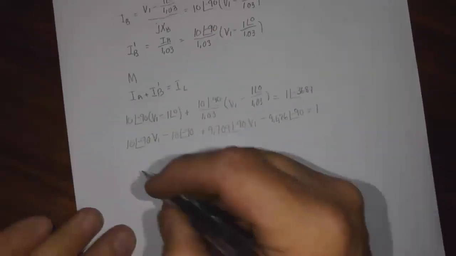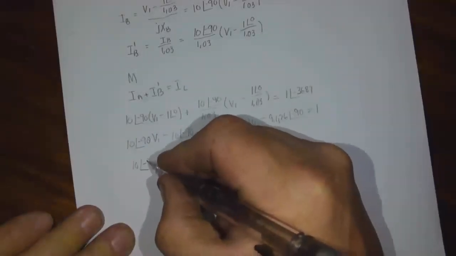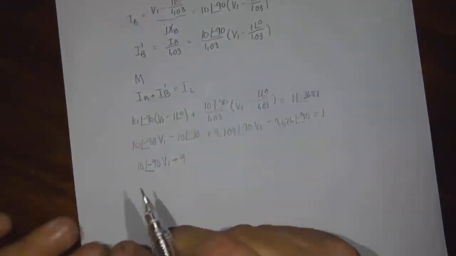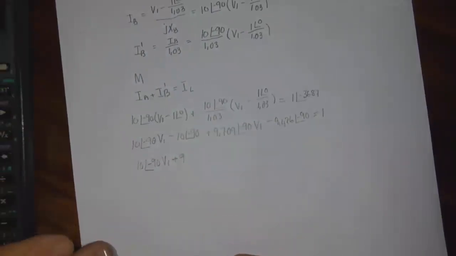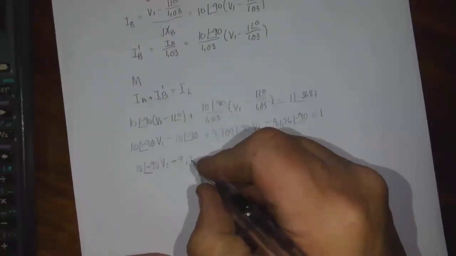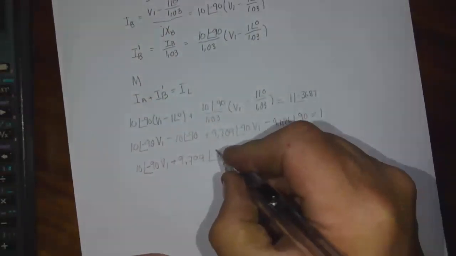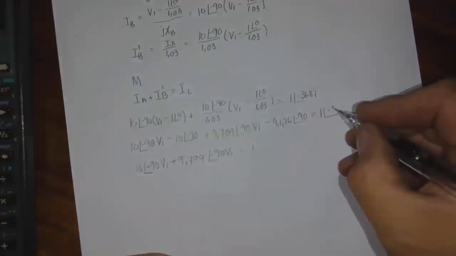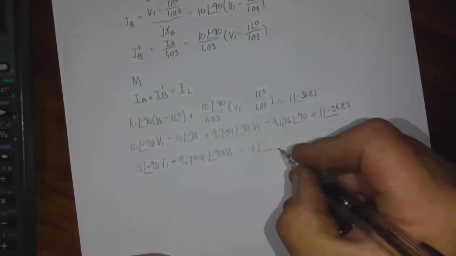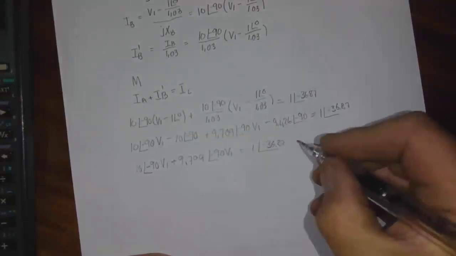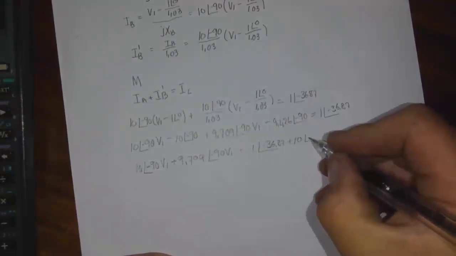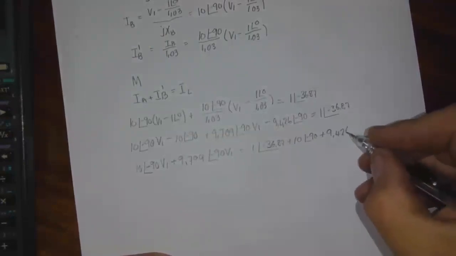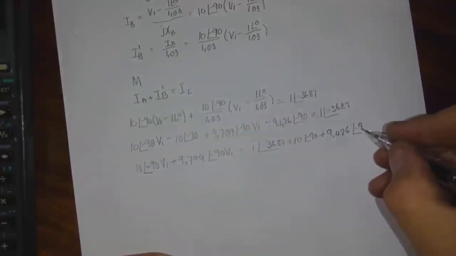So now we can add the V1s: 10 ∠-90 V1 plus 9.709 ∠-90 V1 is then equal to 1 ∠-36.87 plus 10 ∠-90 plus 9.426 ∠-90.